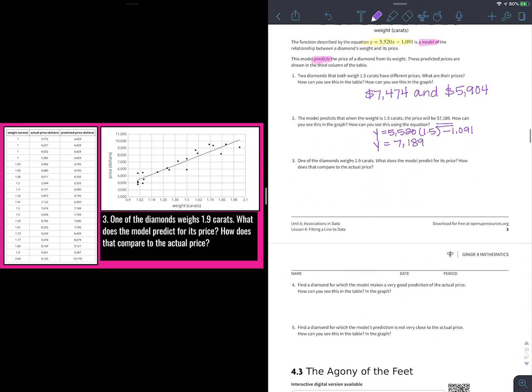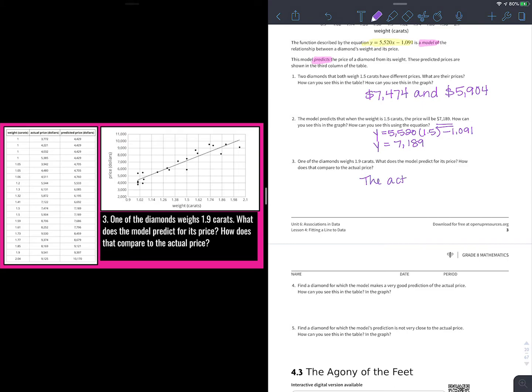So we would say that the actual price is $144 greater than the prediction.